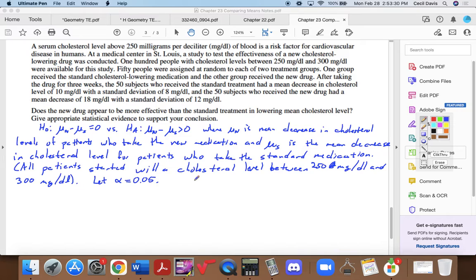So, it's random. Well, is it a sample? It's an experiment. Yeah, this is an experiment with random assignment of treatment.